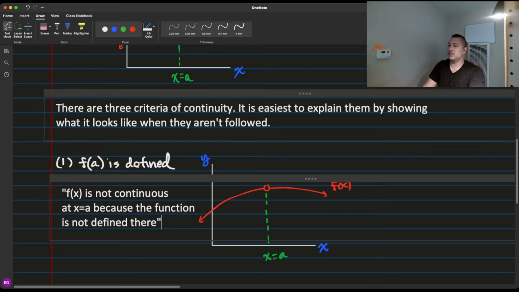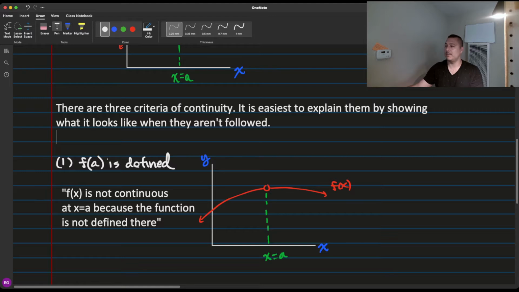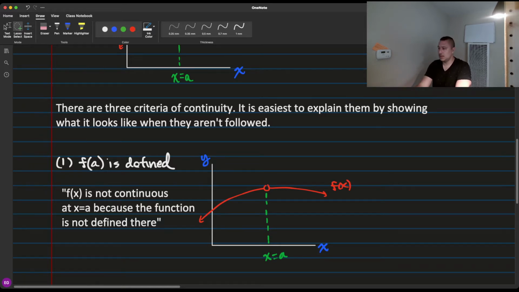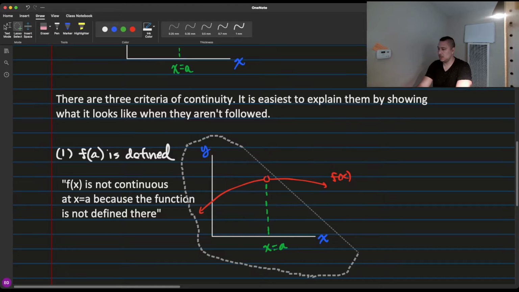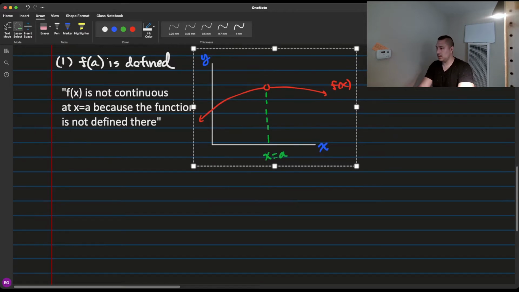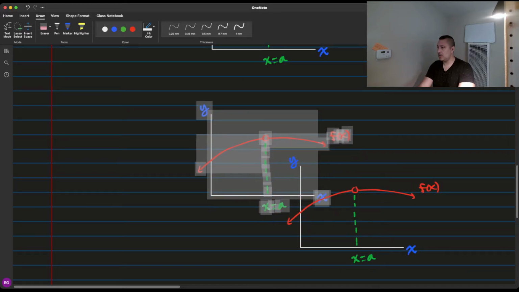So basically, for this criteria to hold true, what has to happen? You can't have any open circles. Okay, so let me copy this picture because we're going to use it. Okay.